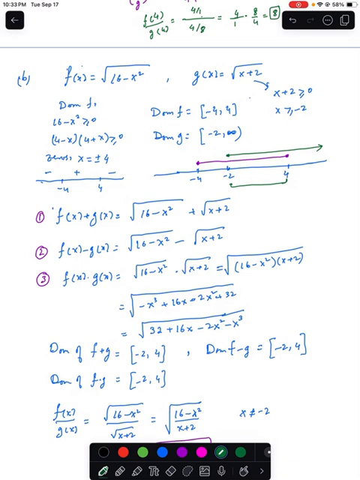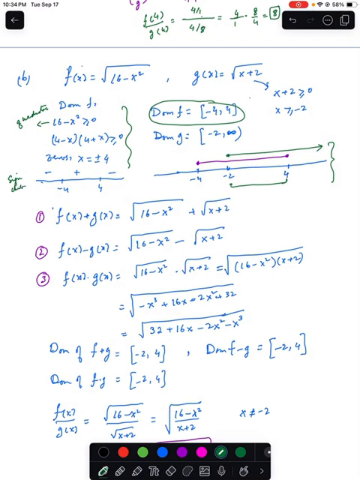And how am I getting the domain? By doing this thing over here. So I have the line, I have -4, -2, and 4, because domain of f, by the way, is here. I calculated it. Remember, it's a quadratic inequality. So I'm going to use the sign chart.